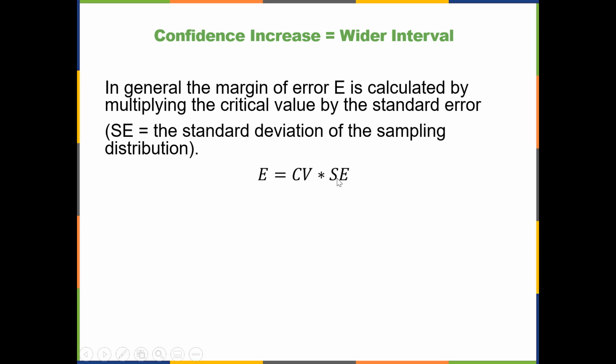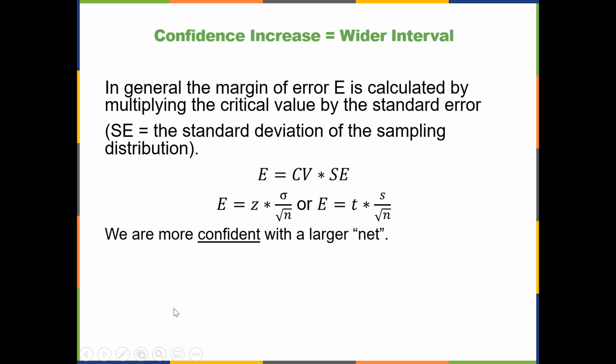And the SE here stands for standard error of the sampling distribution. So this is the standard deviation of the sampling distribution. So what we're basically doing is we're adding the standard error a certain number of times. How many times? Z times, for instance.